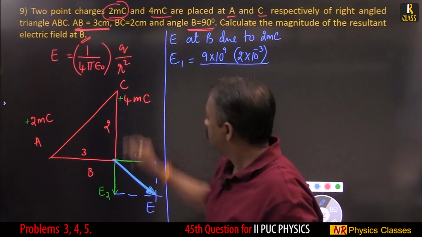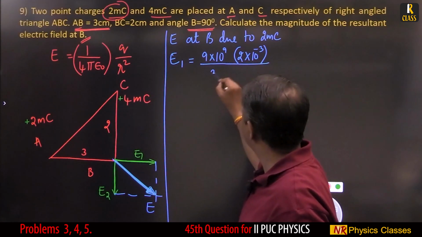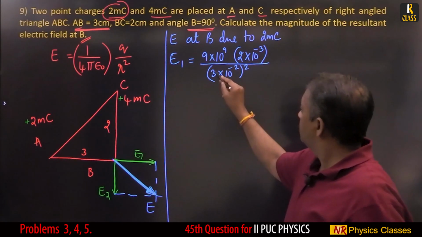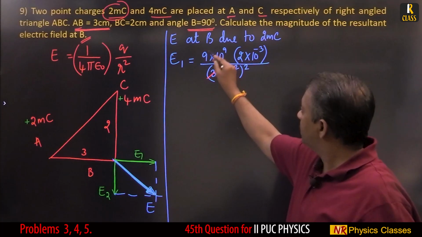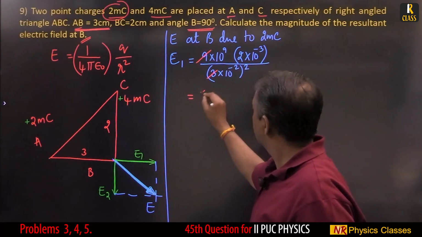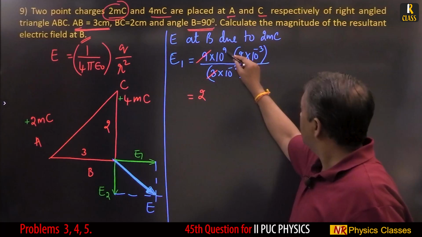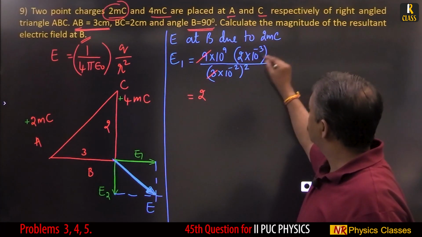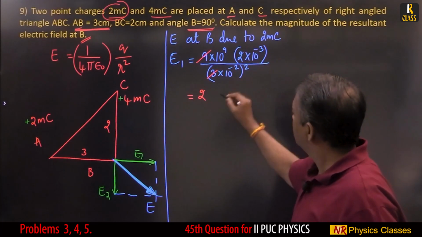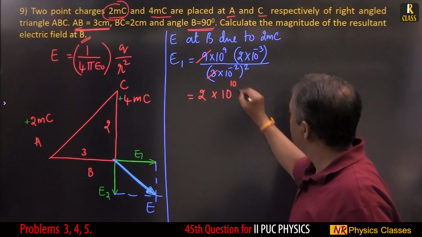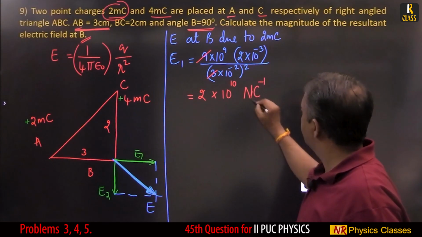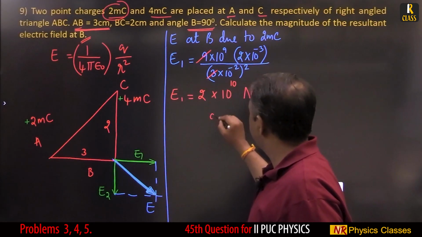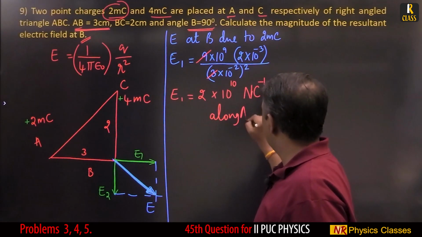Distance is 3 centi minus 2 square. 3 square is 9, 9 gets cancelled. 2 into 10 to the power of 9 minus 3 minus 2 into 2 is minus 4, minus 3 is minus 1, goes to the numerator, plus 1. So 2 into 10 to the power of 10 Newton per Coulomb. And what's the direction of E1? E1 is along AB.